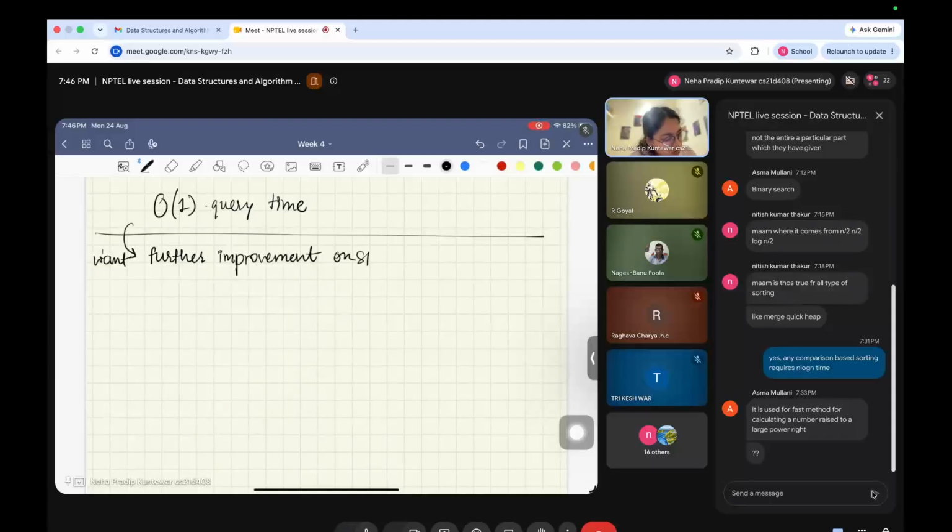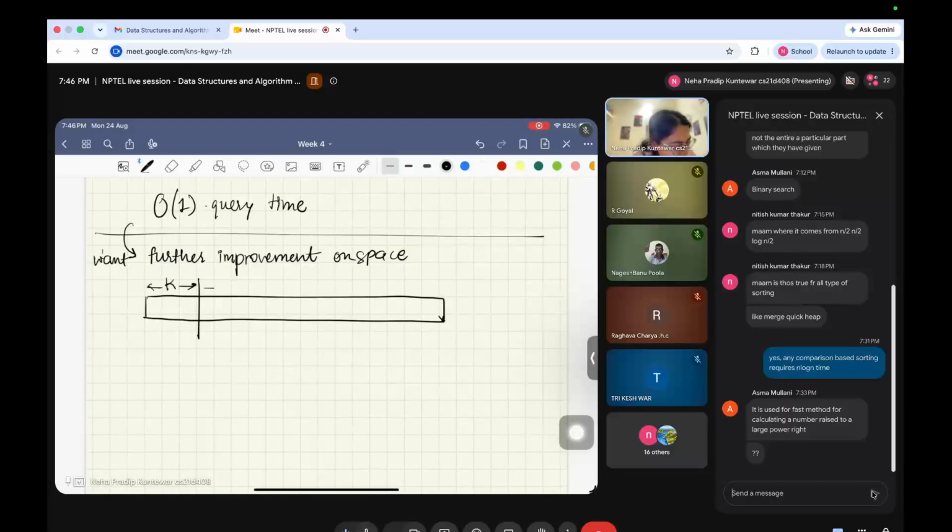on space. So now assume that I'm going to break this into k blocks of size k, and for the sake of simplicity assume that it's completely divisible, all the blocks are of size k, otherwise you can handle that easily, but let us assume that this is what we're doing.